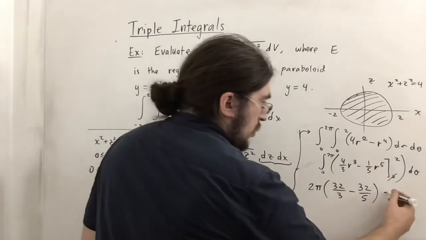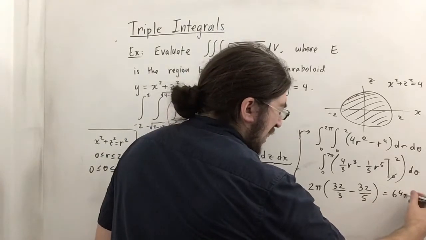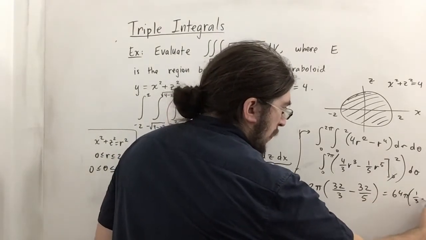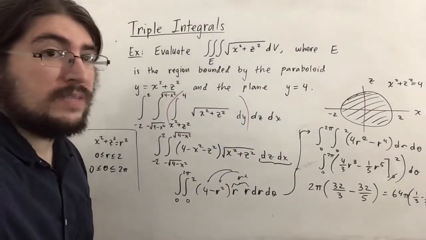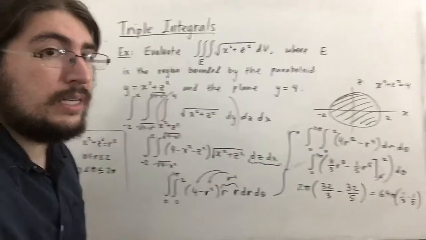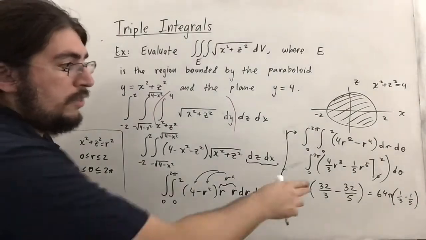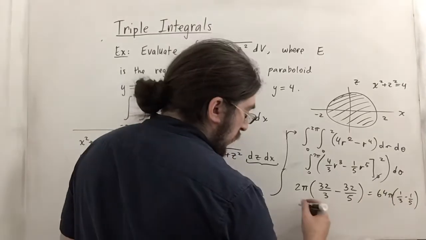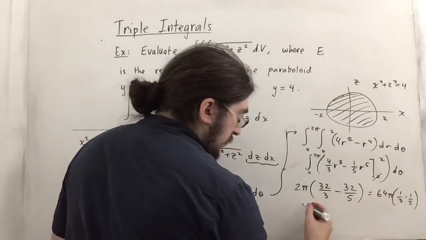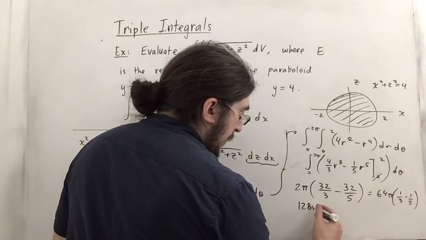And if you pull 32 out, you get 64 pi times 1/3 minus 1/5. Let me scoot that over for a second. There we go. 1/3 minus 1/5 is 5 minus 3 over 15, so that's 2 over 15. So 2 times 64 is going to be 128 pi over 15.